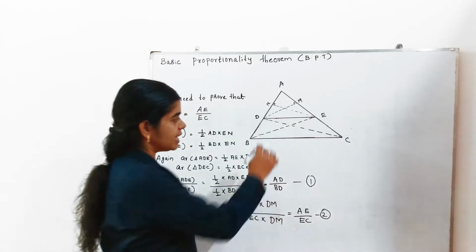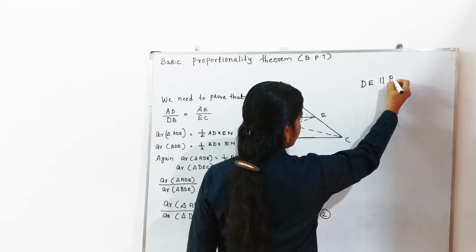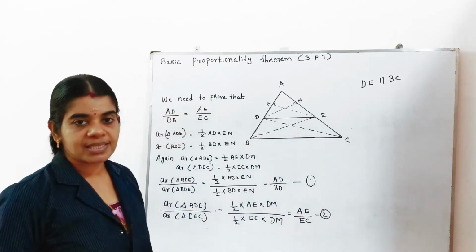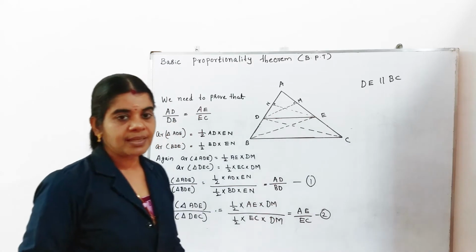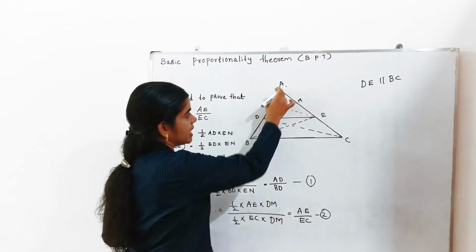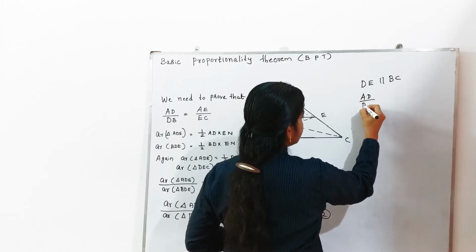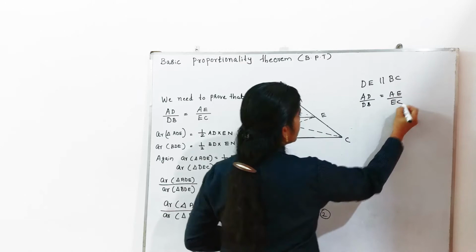This DE touches the other two sides at two distinct points, D and E. Then these two sides are divided in the same ratio, that is AD by DB is equal to AE by EC. That is what we want to prove.